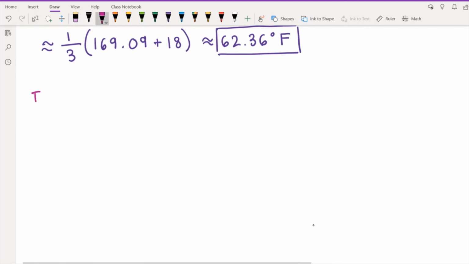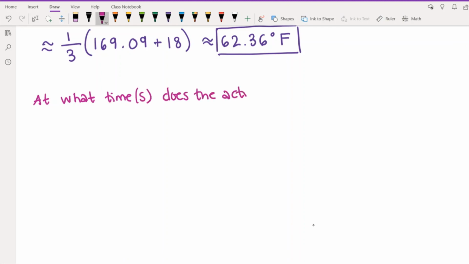But the question we want to answer now is, at what times does the actual temperature agree with the average temperature?